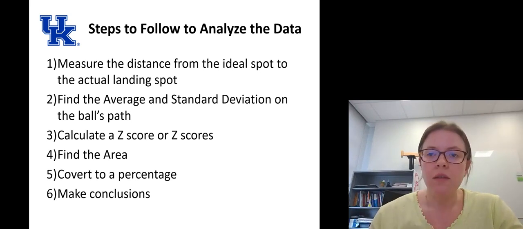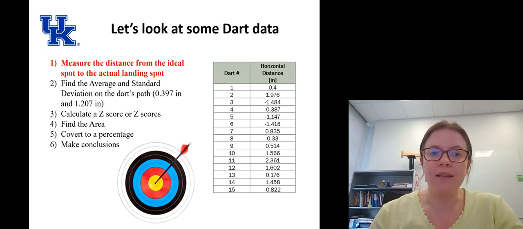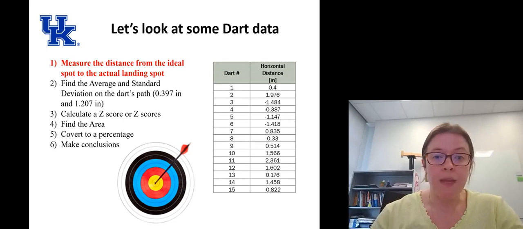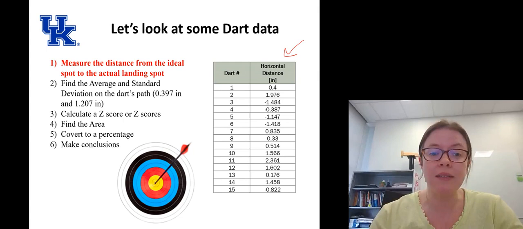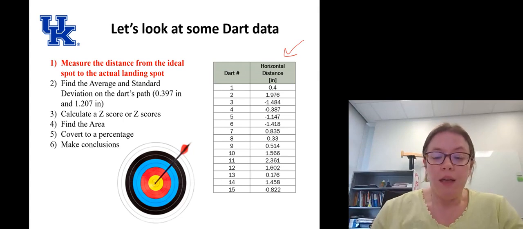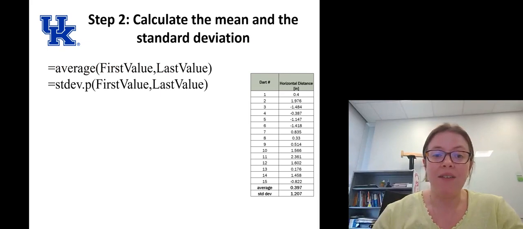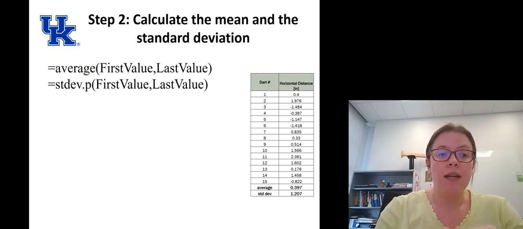So let's go back and look at the DART data that we worked with for the histogram. They've already collected data for us, and so we have that here. This time I'm going to look at the horizontal distance, so how far off horizontally our DART was each time from the bullseye. Then the next step is we can calculate the mean and standard deviation for those data.